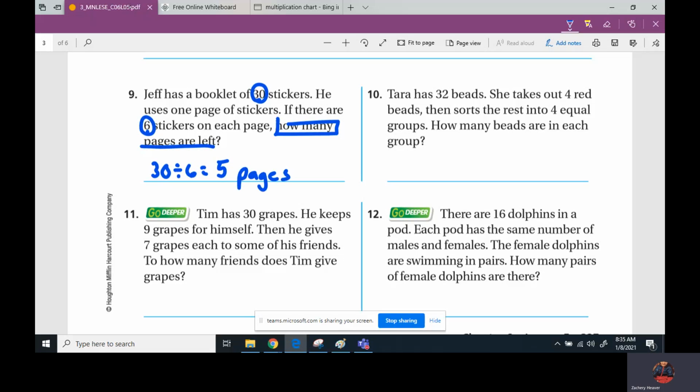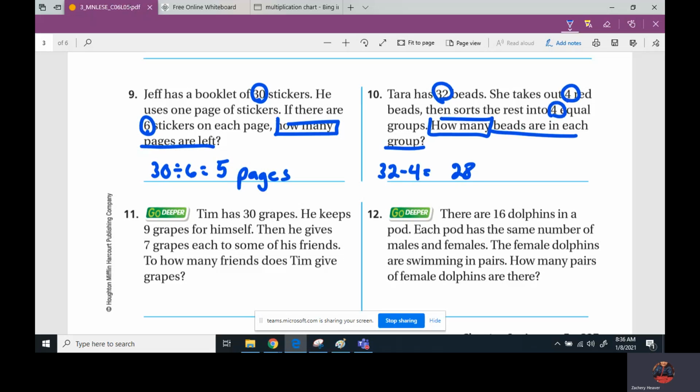5 pages. Tara has 32 beads. She takes out 4 red beads, then sorts the rest into 4 equal groups. How many beads are in each group? So she has 32, and she takes out 4. So 32, we got to do that first. 32 minus 4 is going to be 28.